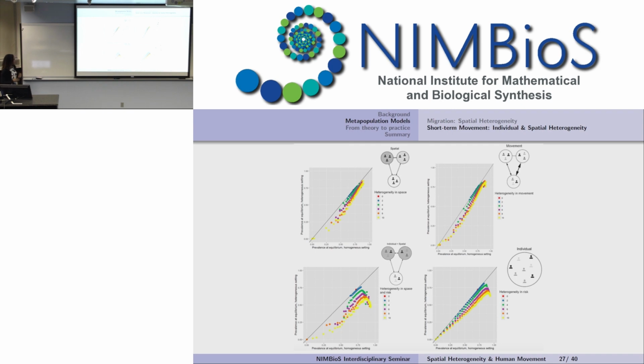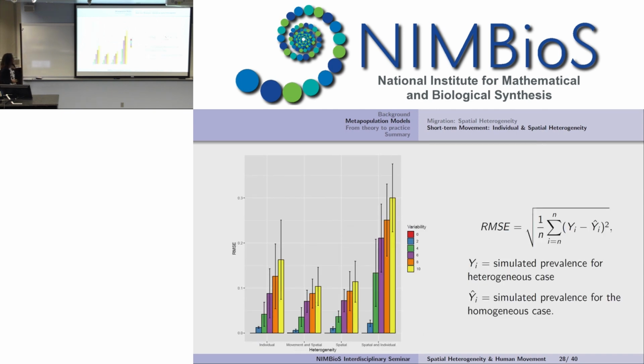So we can infer from this that the prevalence of the heterogeneous case is non-monotonic with respect to their global reproduction number. So we are working on simulations right now to try and better understand what's producing these non-monotonic relationships. And so far, it seems that individual risk is really what's driving these different patterns, these non-monotonic patterns.